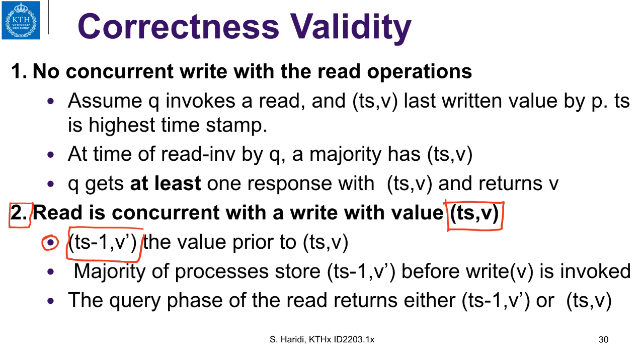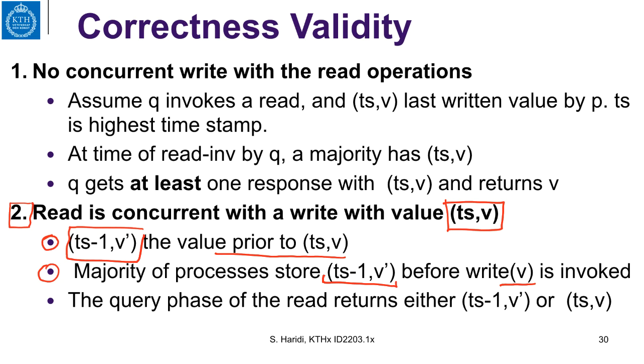So this is the previous write, and that is prior to TSV value. We know that a majority of processes store the previous write before the concurrent write is invoked.